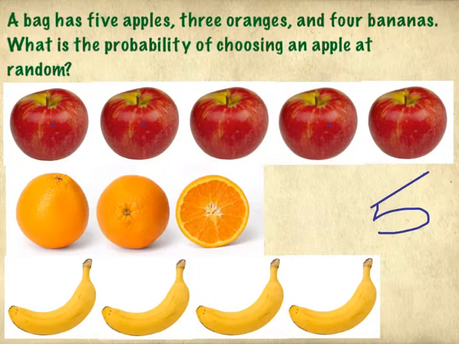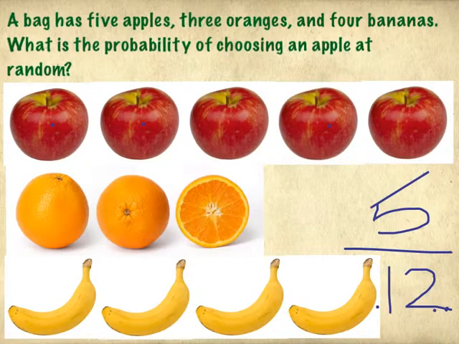And my 5 apples are out of a total of 5, 6, 7, 8, 9, 10, 11, 12 pieces of fruit. So very simply, my probability of choosing an apple at random is 5 out of 12.